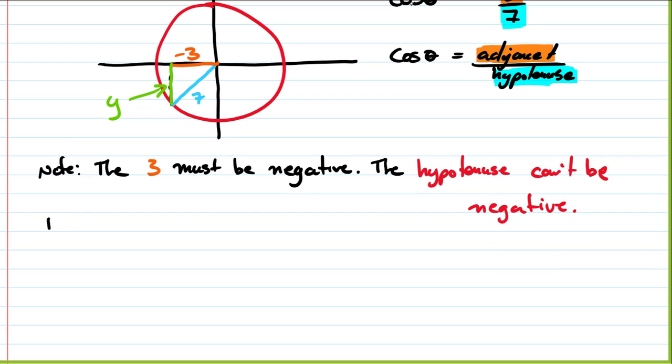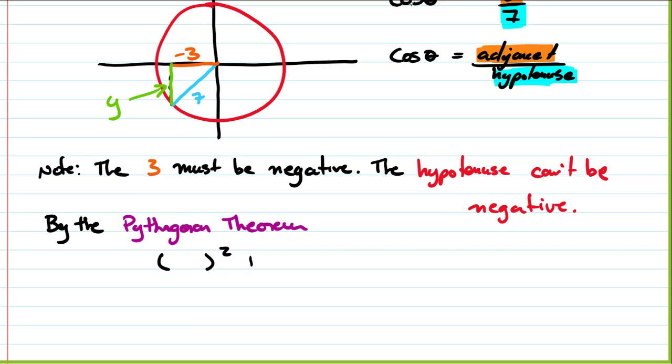So by the Pythagorean theorem, we know that negative 3 squared plus y squared has to equal 7 squared.